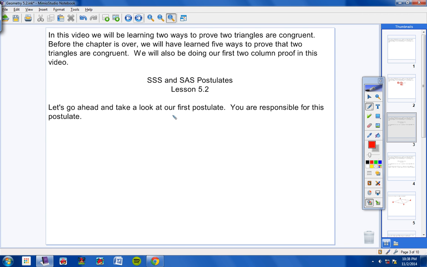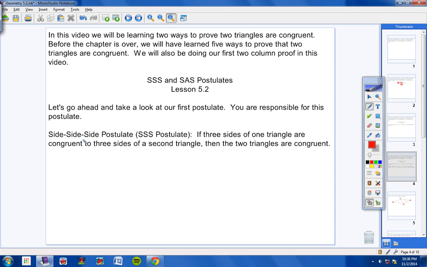Okay, here we go. Let's take a look at our first postulate. You are responsible for this postulate, so write it down and make sure you learn this. We call this the side-side-side postulate, and now you can see why we call it the SSS postulate.